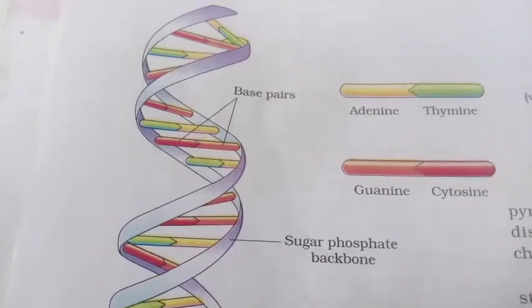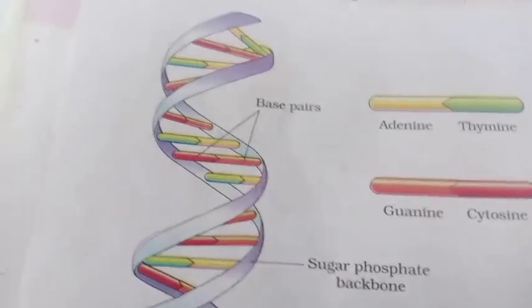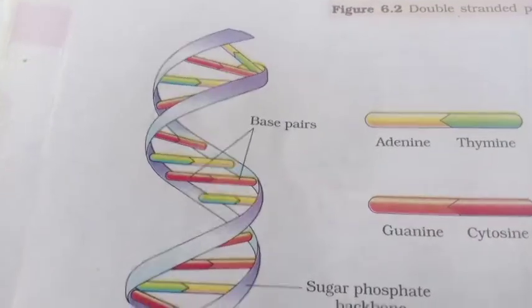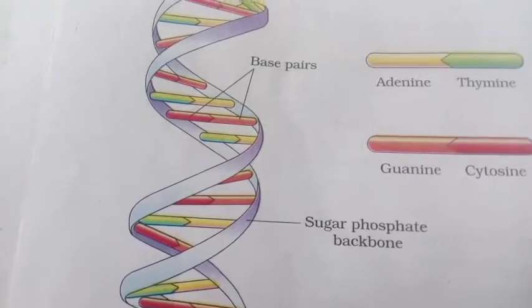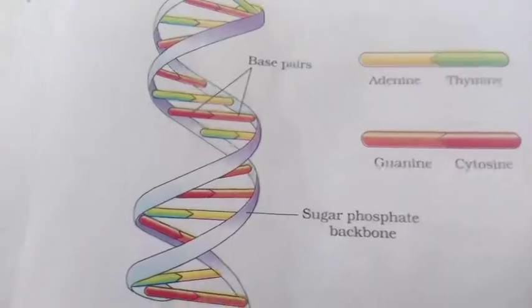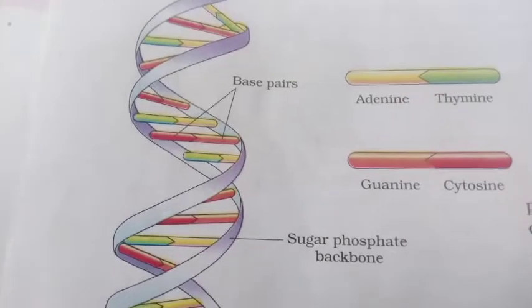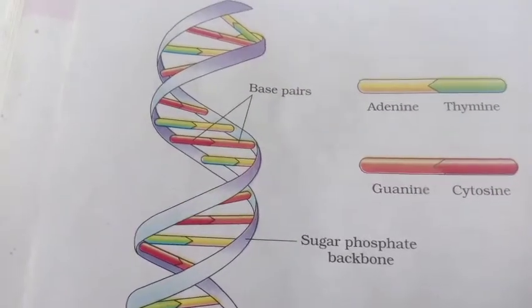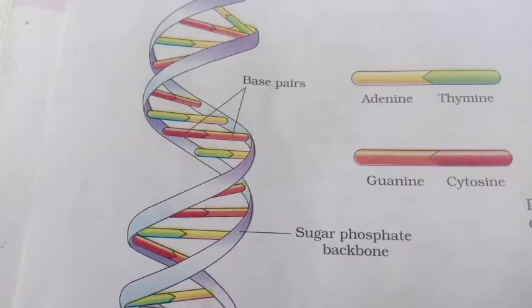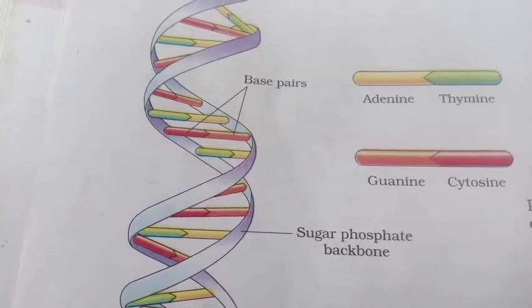Adenine and guanine are the purines, and thymine and cytosine are the pyrimidines. This is in case of the DNA, while in the RNA, in place of thymine there exists uracil as the nitrogen base. That means thymine is replaced by uracil.